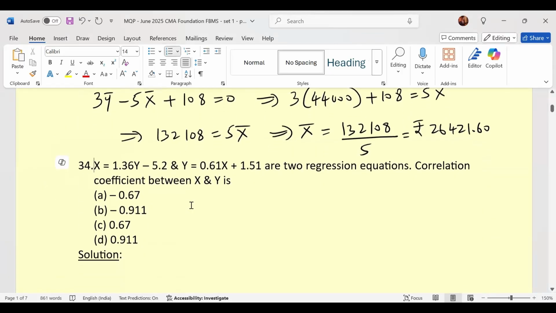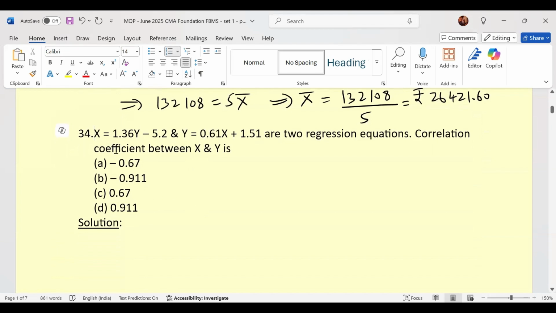Question number 34. X is equal to 1.36y minus 5.2 and y is equal to 0.61x plus 1.51 are two regression equations. Correlation coefficient between x and y is what? Since they gave us the first equation as x is equal to, I will rewrite that, x is equal to minus 5.2 plus 1.36y.